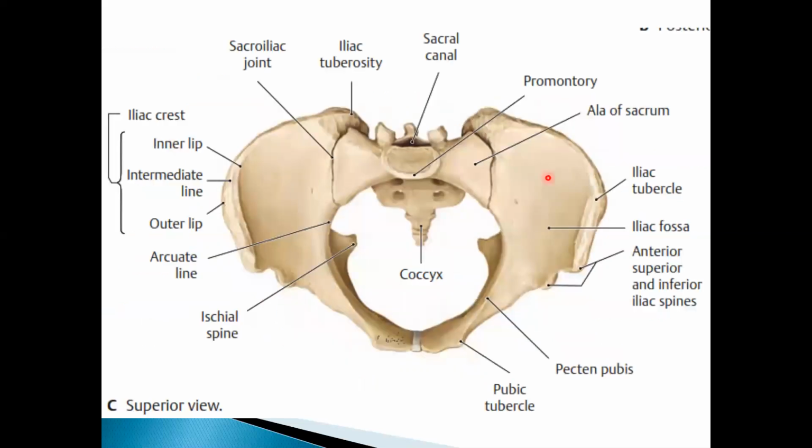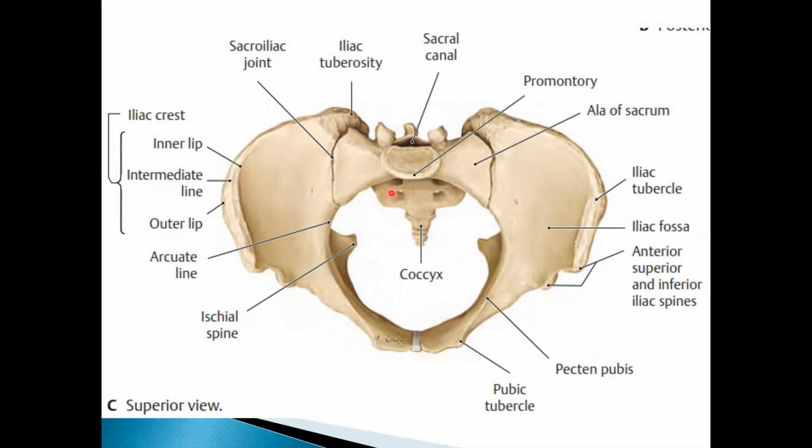The superior view of the pelvis. Here, this is the pelvic inlet. This upper part is the pelvic inlet, and below this pelvic inlet, this part is the pelvic cavity, and the lowermost part of this pelvic cavity will be the pelvic outlet.